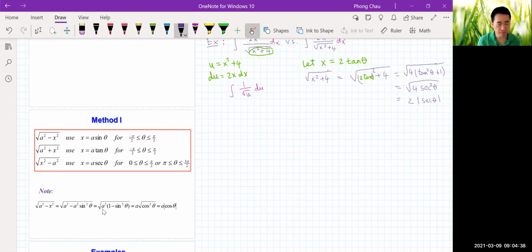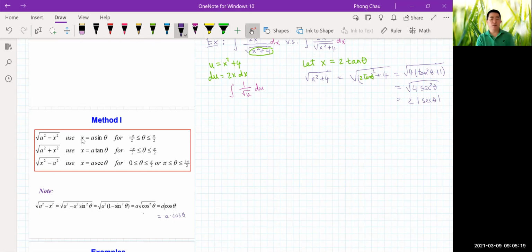Take the a squared out: 1 minus sine squared. Square root of a squared is a, and 1 minus sine squared is cosine squared. The square root of cosine squared is the absolute value of cosine theta. Because theta is between negative pi half and pi half, this lets you rewrite it as just a times cosine theta without the absolute value. So I hope you see the point. That's what I'm going to do.